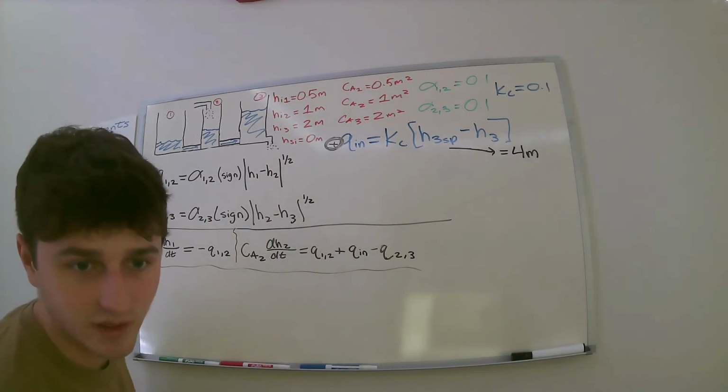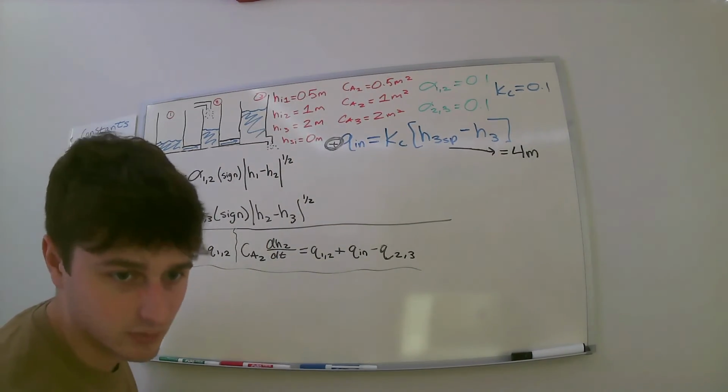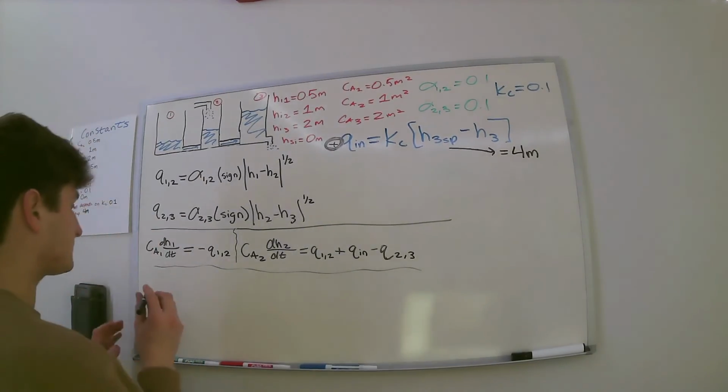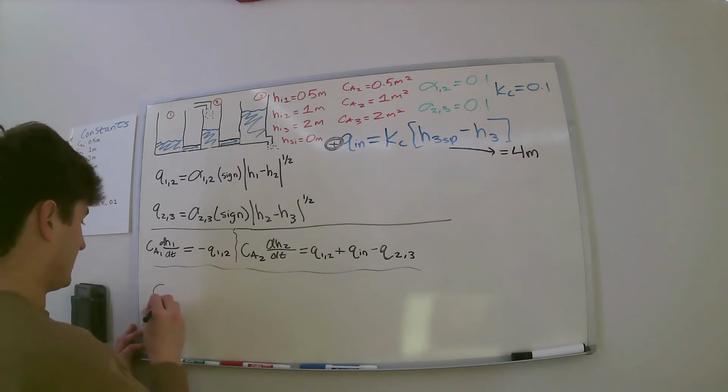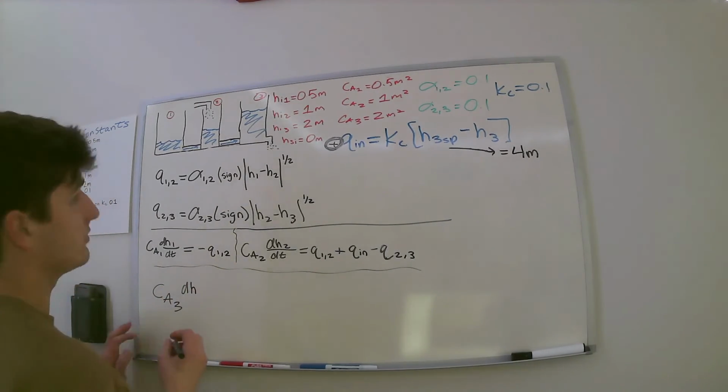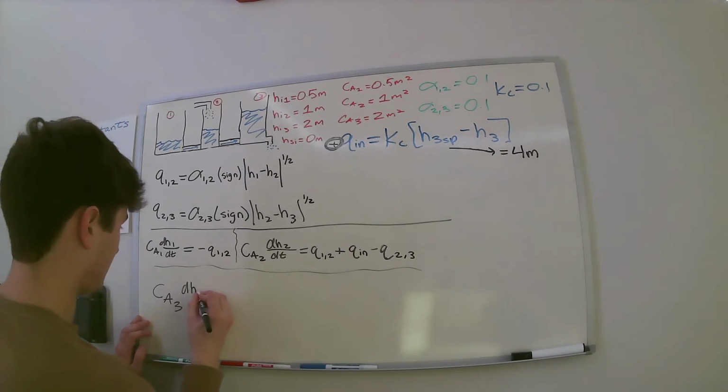It is going to be losing that amount of liquid, causing the rate of change of the volume to diminish. All right, and then we're going to do the same thing for our third one and just use all the relevant factors.